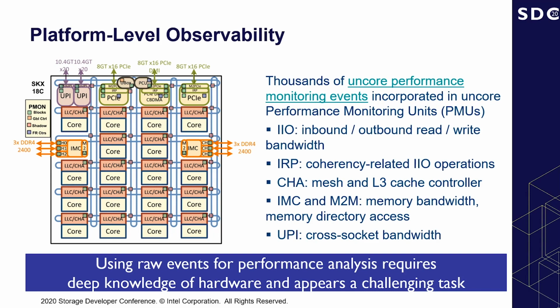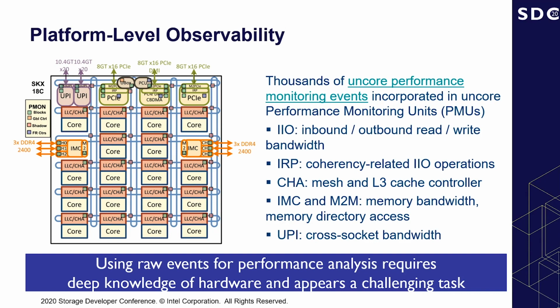Also, the CHA PMU provides special monitoring capabilities that allow for opcode filtering, counting of events separately for cores and I/O controllers, counting L3 hits and misses separately, and so on.